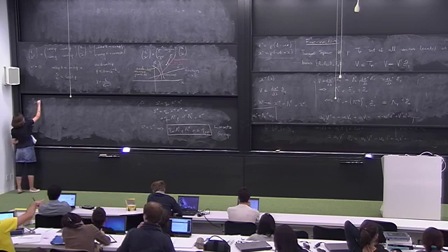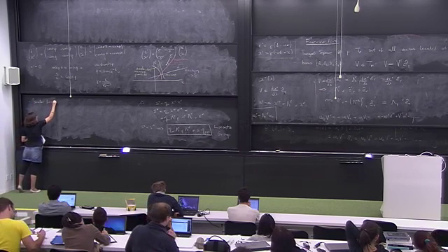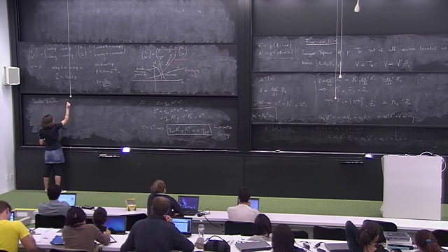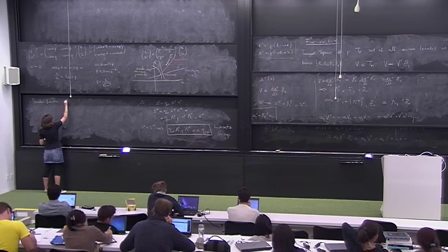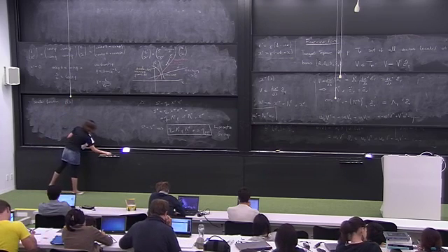So say we have some scalar function over space-time coordinates. Let's call it f of x.